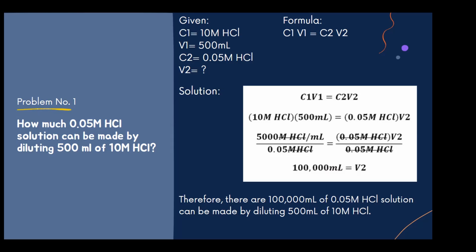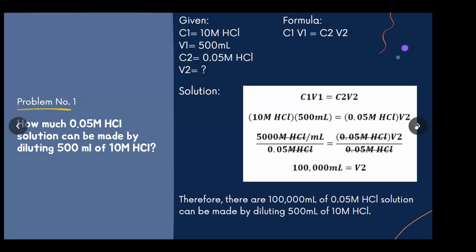So ang maging kalabasan niya is 100,000 ml. Therefore, there are 100,000 ml of 0.05 M HCl solution that can be made by diluting 500 ml of 10 M HCl. Okay. Next reporter, please.